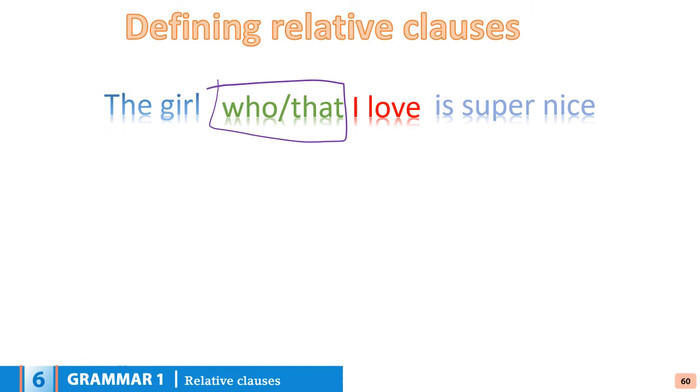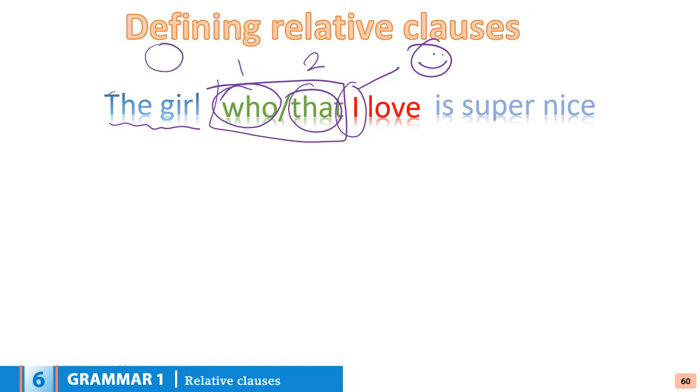Okay, so remember, when talking about people, you can say who, or you can say that. Option number one. Option number two, and if the subject here is different from here, then you can remove it and say the girl who I love, the girl that I love, or the girl I love is super nice. Okay, so what about things?